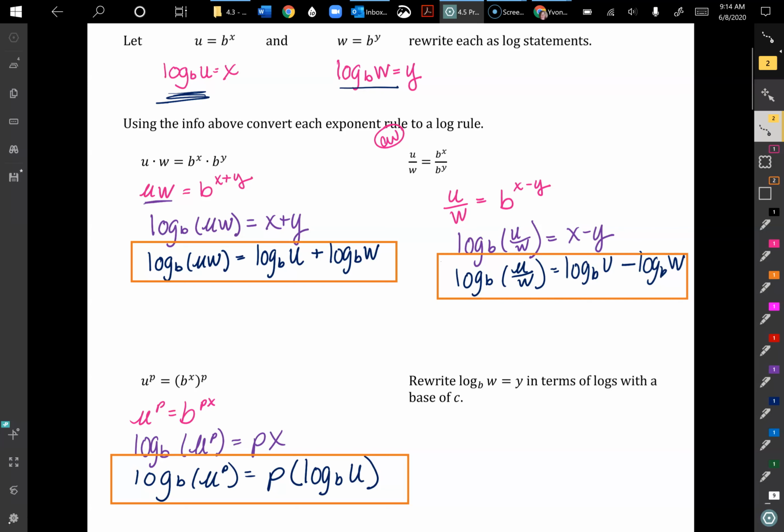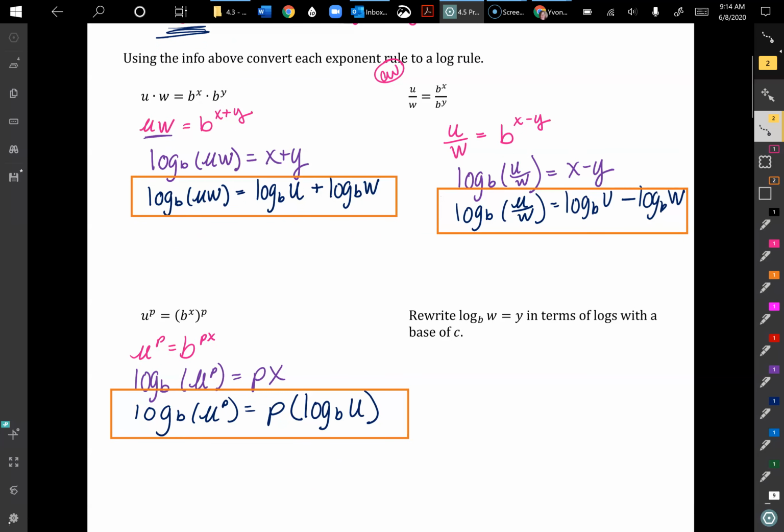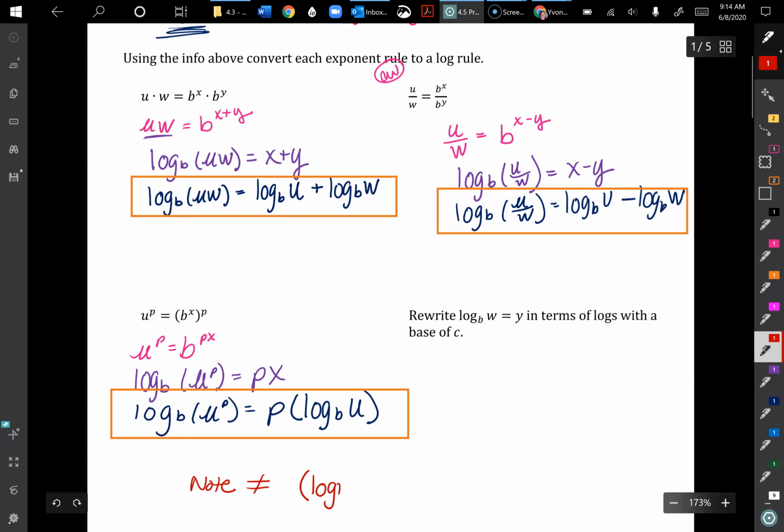One thing we need to note on here is that this is not equal. I'll just put a little note. This is not the same as if we had parentheses around the whole log like this. Log base b of u all raised to the p.